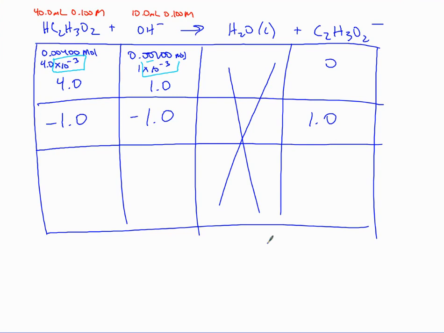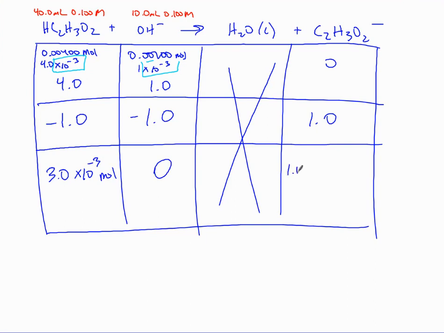So then for the equilibrium step, well, let's fill this in, sorry. 3.0 times 10 to the minus third moles of acetic acid left. No hydroxide.